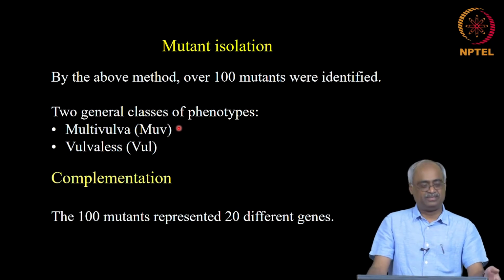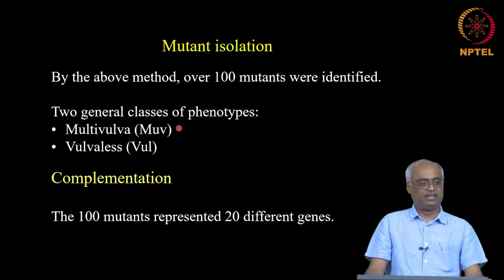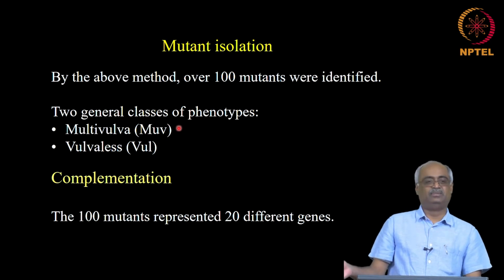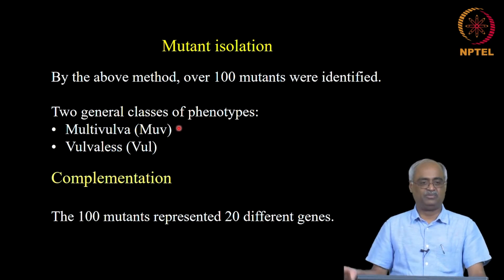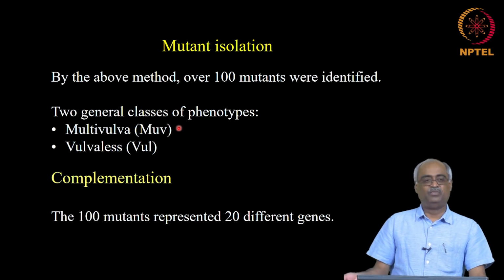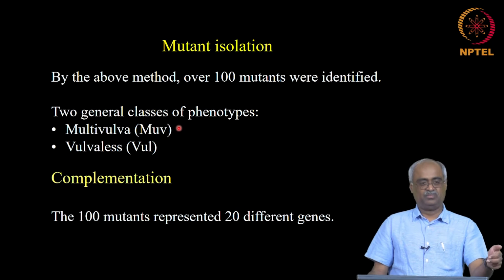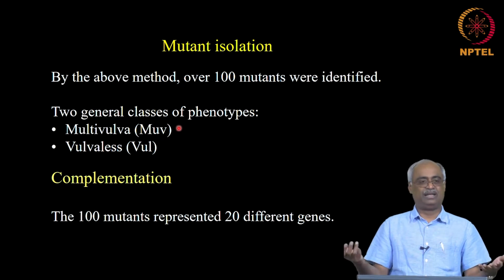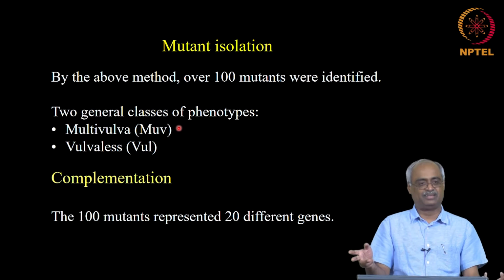But if one is mutant in gene A required for vulval development, and another one is mutant in gene B required for vulval development, then you have A m over A plus and B m over B plus, so you have a wild type copy for both of them. We call that a trans-heterozygote.